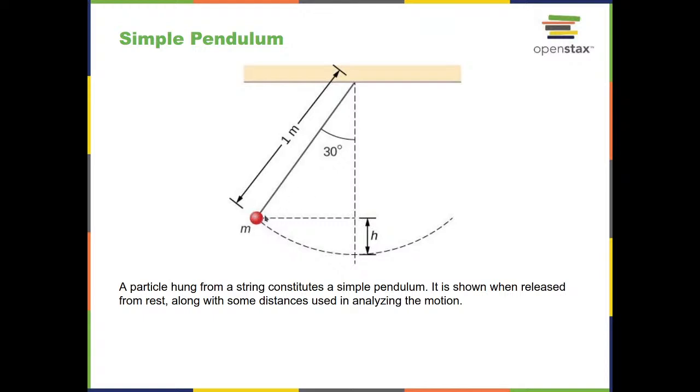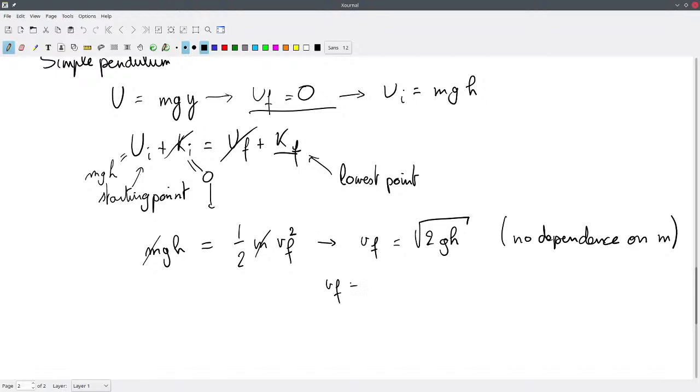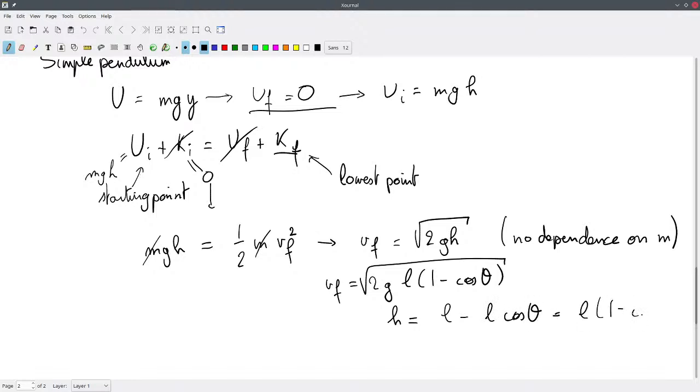So minus the length times cosine 30 degrees. So what we're going to have ultimately is that the speed is the square root of 2g times the length of the string, times 1 minus cosine theta, because h is the total length minus the length times cosine theta, so L times (1 minus cosine theta).